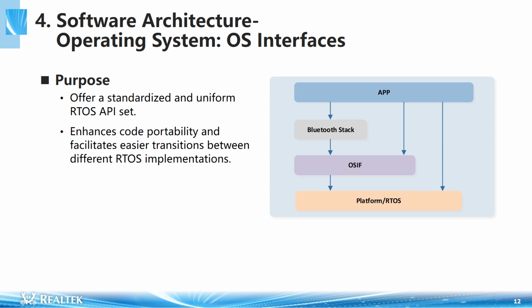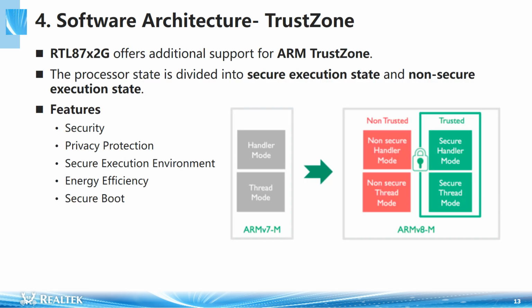The RTL87X2G uses the Real_M300V processor, which is equivalent to ARM Cortex-M55 and supports ARM TrustZone functionality. Compared to ARM-v7M, the processor state is divided into secure execution state and non-secure execution state.